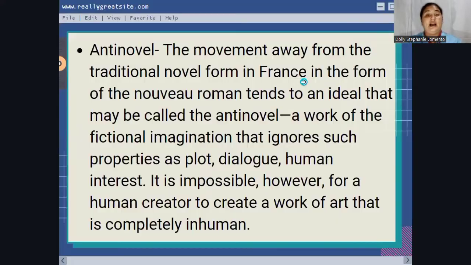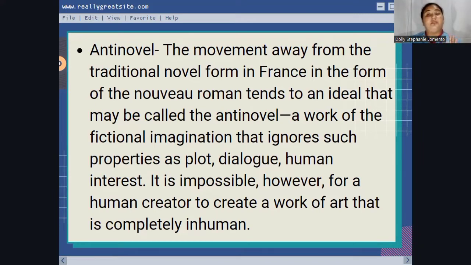So next, we have the anti-novel. The movement away from the traditional novel formed in France in the form of the Nouveau Roman tends to an ideal that may be called the anti-novel, a work of the fictional imagination that ignores such properties as plot, dialogue, and human interest.